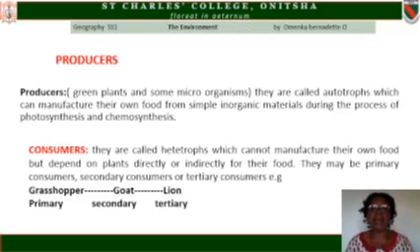What is all about these producers? The producers, which are the green plants and some microorganisms, are called autotrophs, which can manufacture their own food from simple inorganic materials during the process of photosynthesis and chemosynthesis.